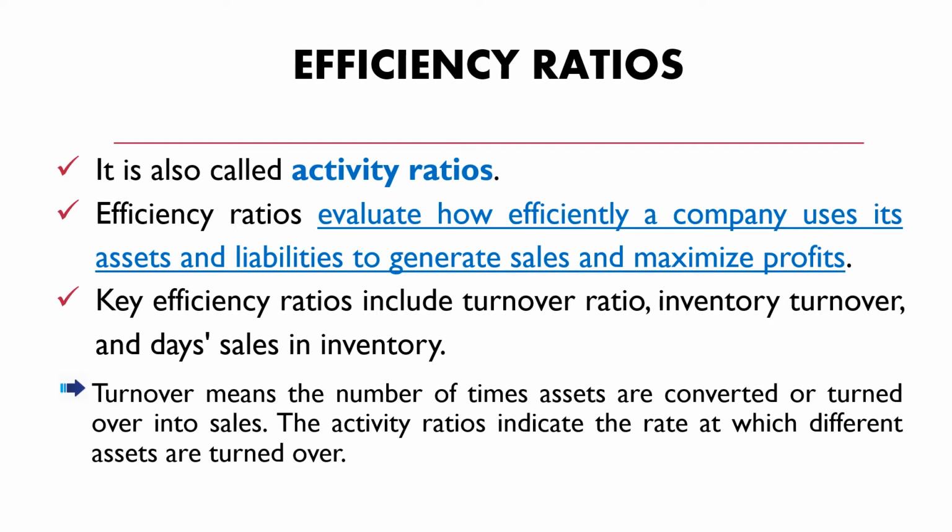The key efficiency ratios include turnover ratio, inventory turnover, and days sales in inventory. Turnover means the number of times the assets are converted or turned into sales. The activity ratio indicates the rate at which different assets are turned over.